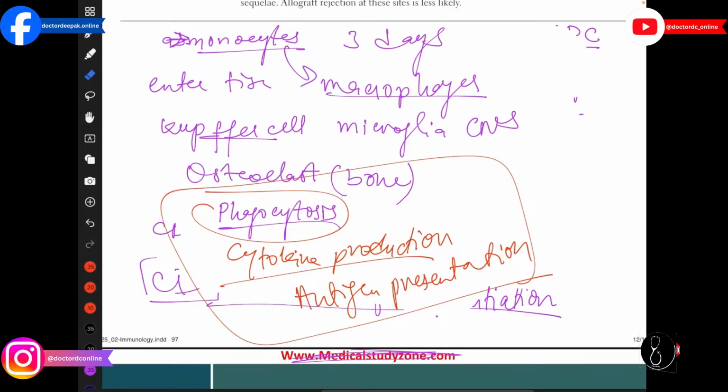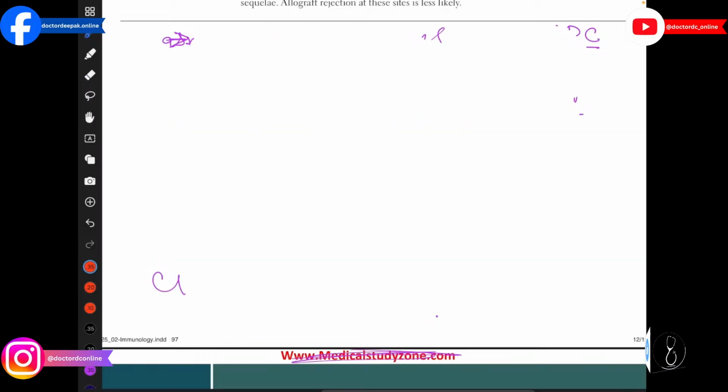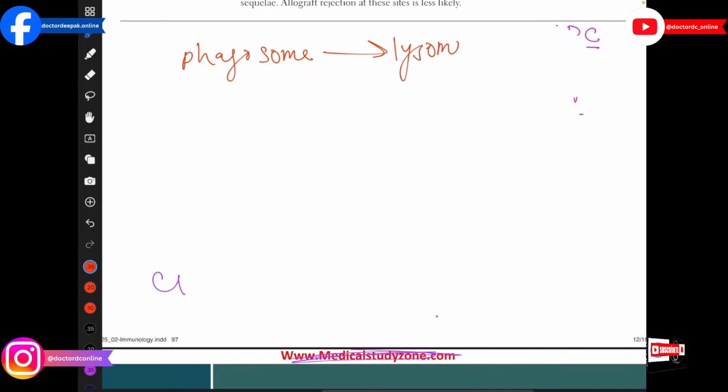And how will they go about phagocytosis? The macrophages engulf the pathogen into a phagosome, and the phagosome merges with a lysosome. These lysosomes contain deadly enzymes that cause death of bacteria and viruses.